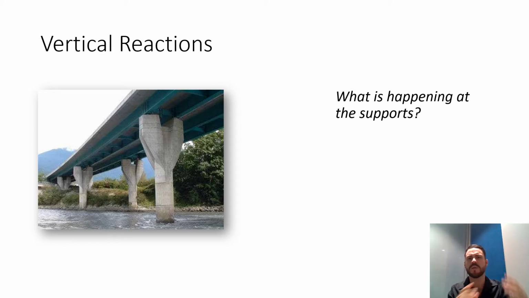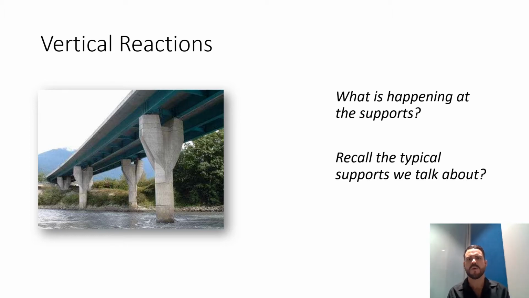And I want you to really consider that idea of the word reactions. With our reactions, we generally talk about typical supports when we're drawing our free body diagrams. Do you remember what those are?